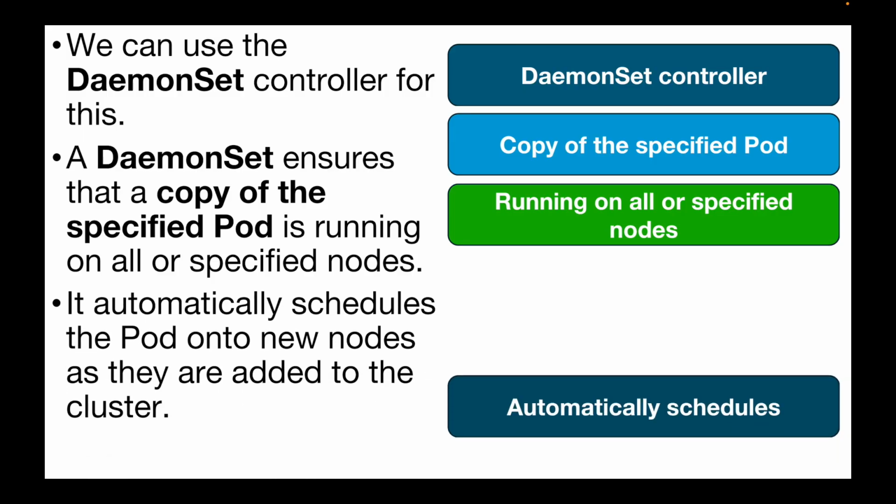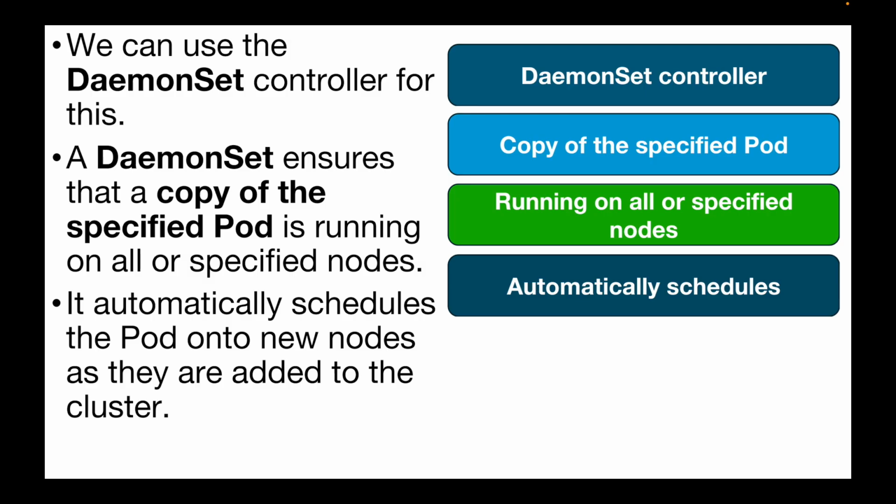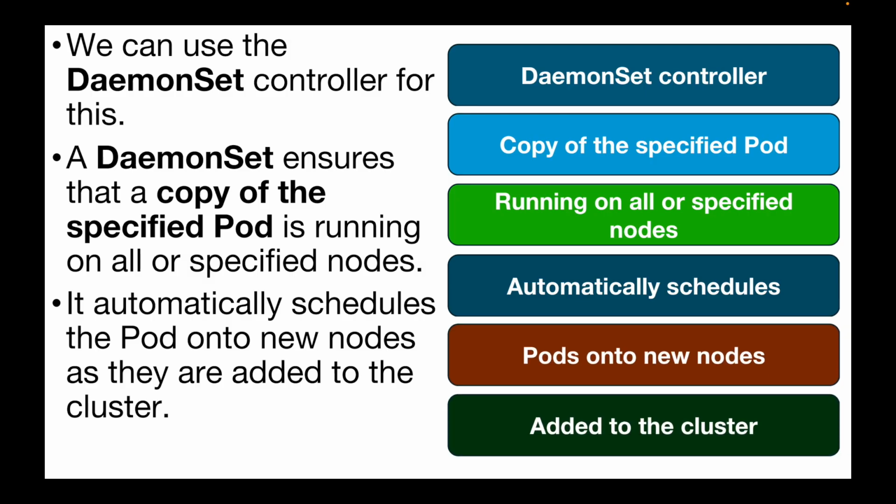This will automatically schedule the pods onto new nodes as they are added to the cluster. So make use of a DaemonSet, and the DaemonSet will ensure that one pod is running on all the nodes, and even when you add new nodes, the DaemonSet will ensure that the pod is automatically deployed on these new nodes whenever they are added to the cluster.